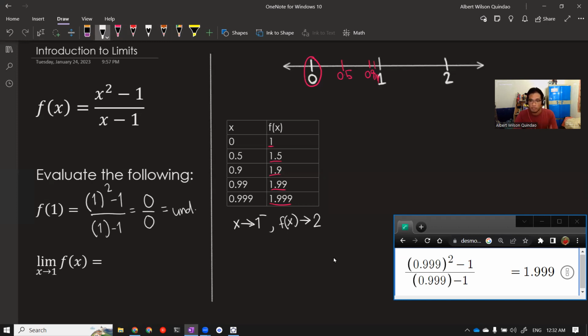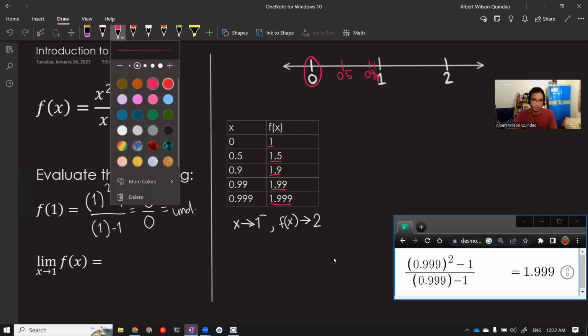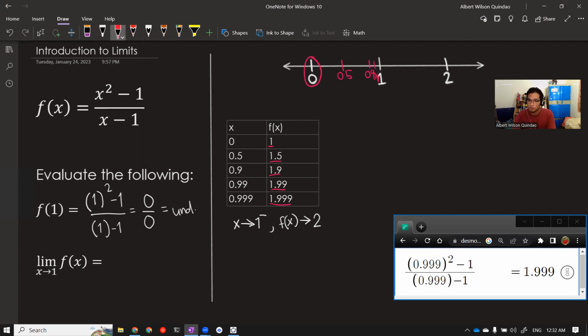So what if this time magsimula naman tayo sa kanan ni number 1? So in that case, mag-start tayo kay number 2. So kukumputin natin yung function value ni number 2. Then isusunod natin si 1.5. Computin natin yung function value niya. Then si 1.1.